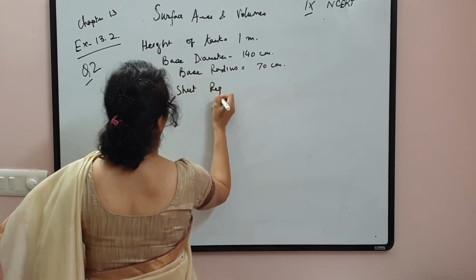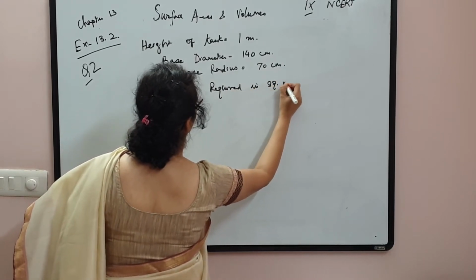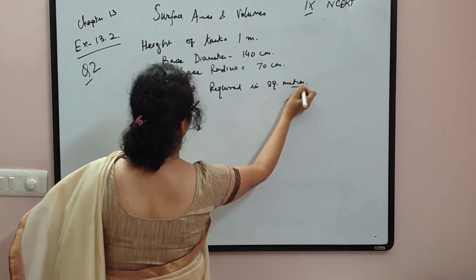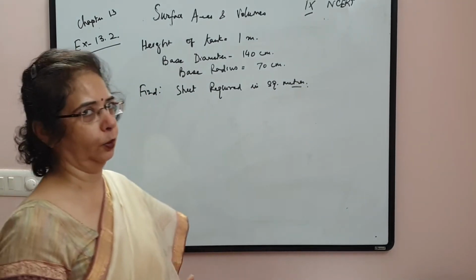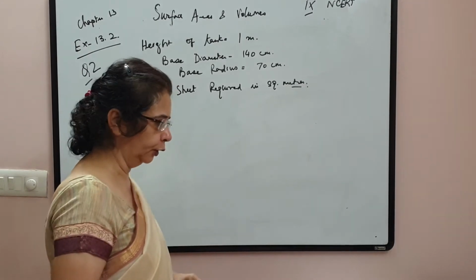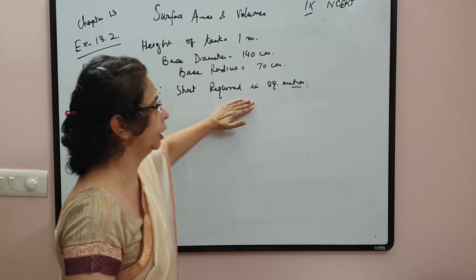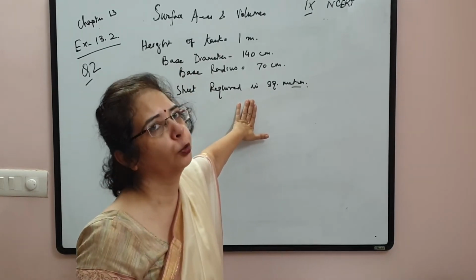That is important, because if you calculate in centimeter square, then you have to convert it into meter square. So you can calculate the sheet required in centimeter square also, but don't forget to convert it into meter square.